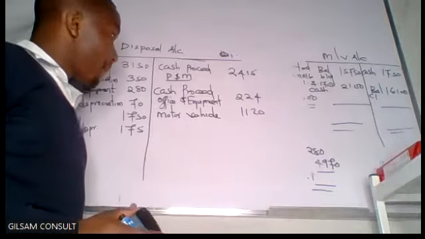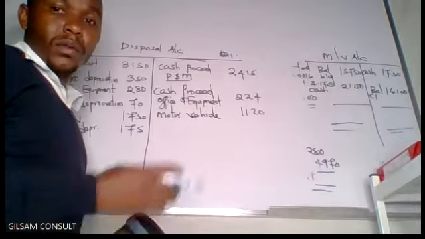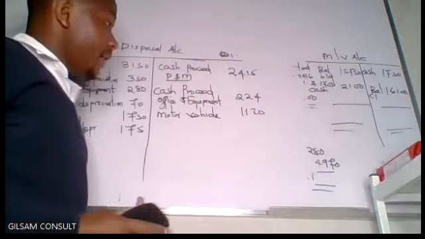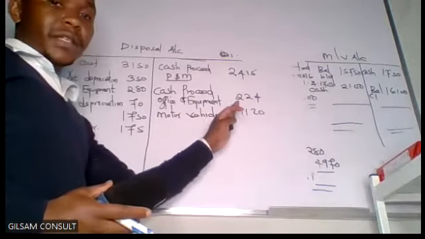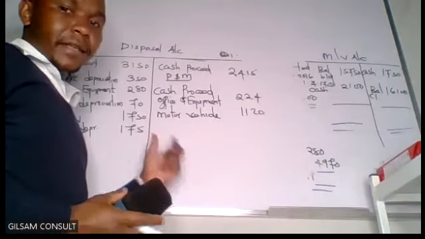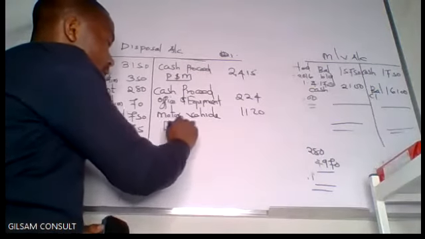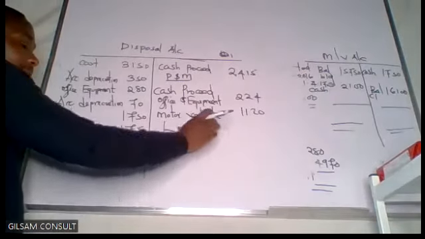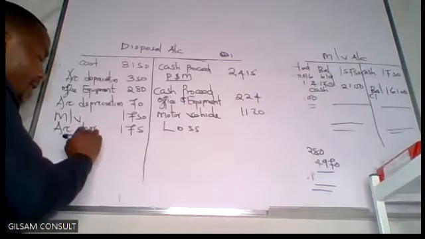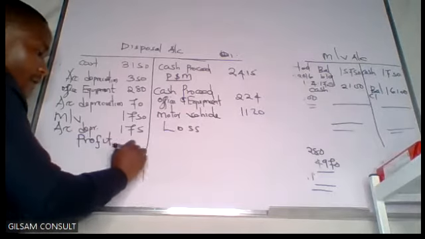So here you will compare either loss or profit. If the credit side is more than the debit side, then we have a loss. If the debit side is more than the credit side, then we have a profit.